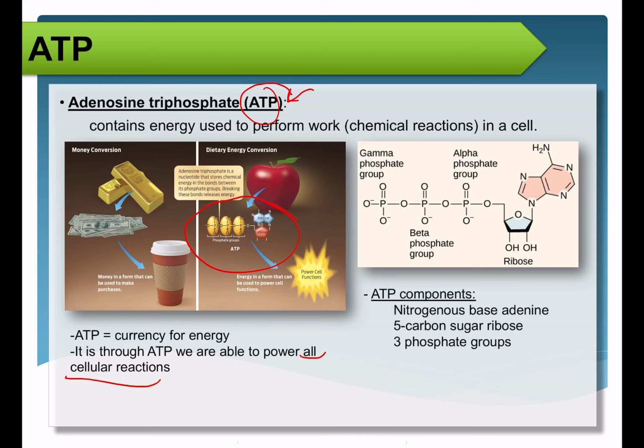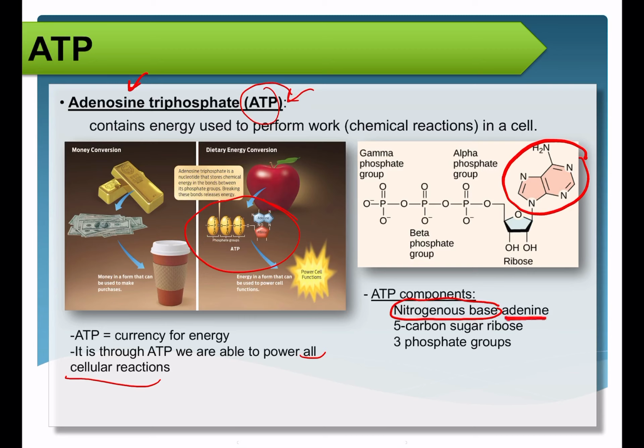It still has a nitrogenous base right here, but since it's ATP, there's a reason why it's called adenosine: it is only made up of the nitrogenous base adenine. Okay, we don't have thymine, cytosine, or guanine. Okay, ATP is made up of adenine as its nitrogenous base.